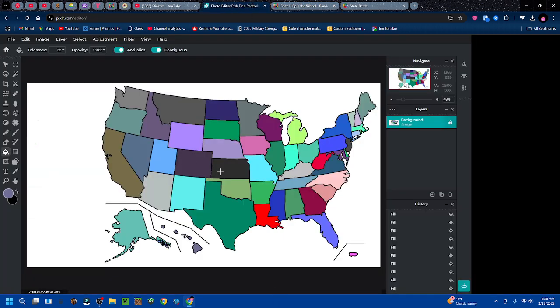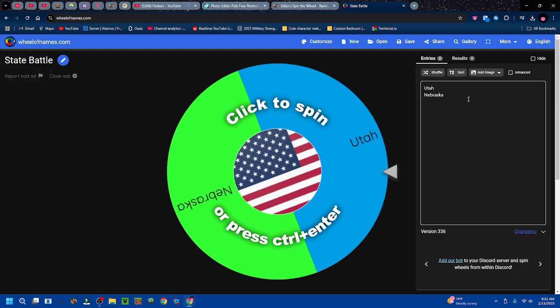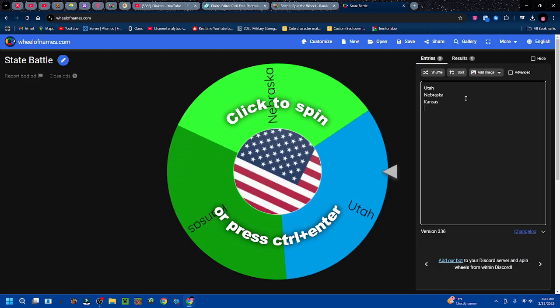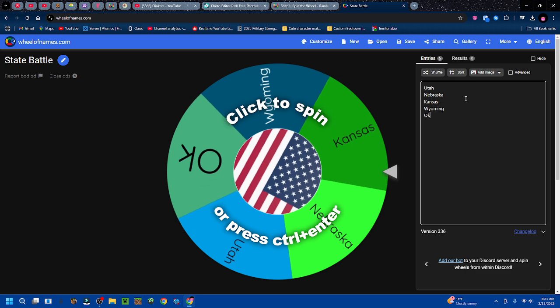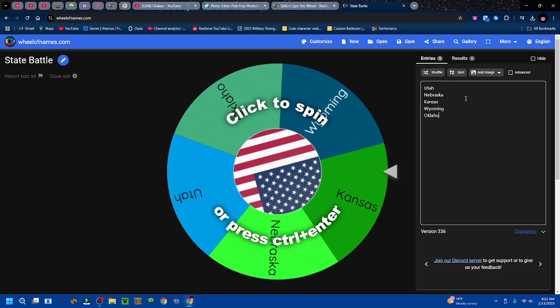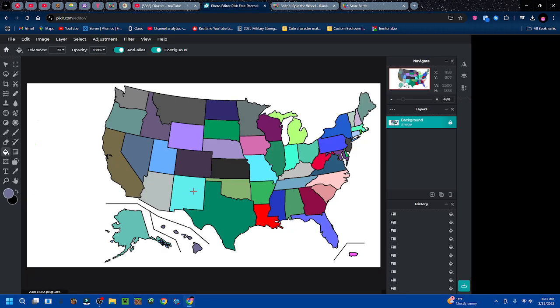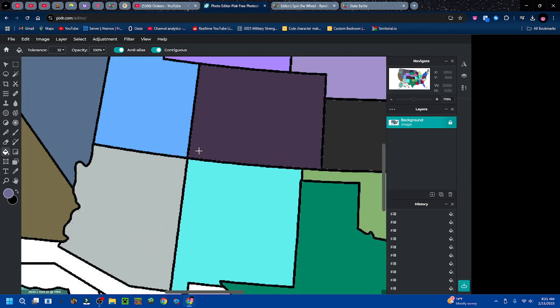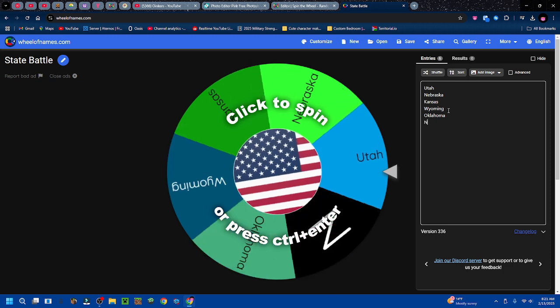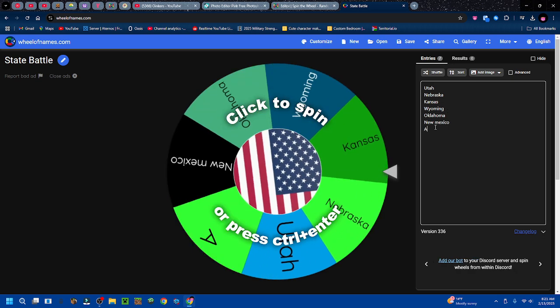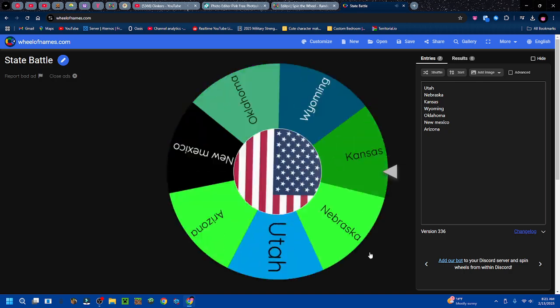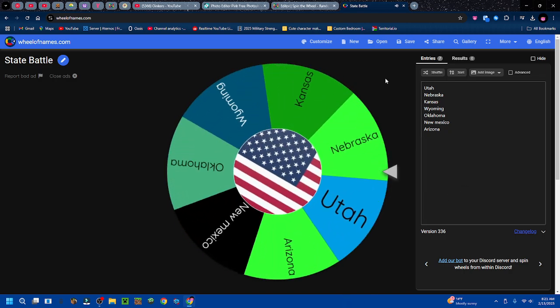We have Kansas, a little bit of Wyoming there, some Oklahoma. Okay, this is gonna take a while because this area borders a lot of people. New Mexico and a little tiny border with Arizona. New Mexico, Arizona. All right, which one will they be attacking? Nebraska.